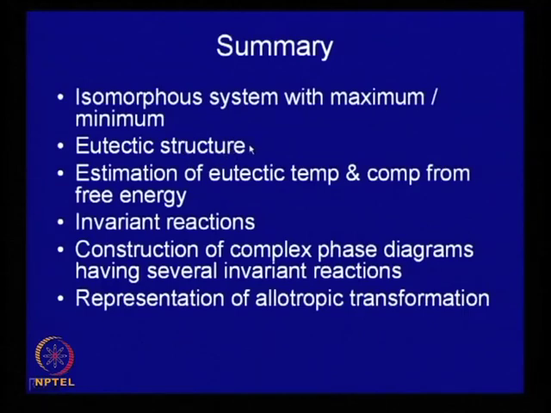The eutectic structure can be regular, say lamellar, rod like, or an irregular type of microstructure, but nevertheless eutectic will be an intimate mixture of two distinct phases. Then we also calculated the eutectic temperature and composition from thermodynamic concepts. From free energy of transformation we have estimated it for the cadmium bismuth system.